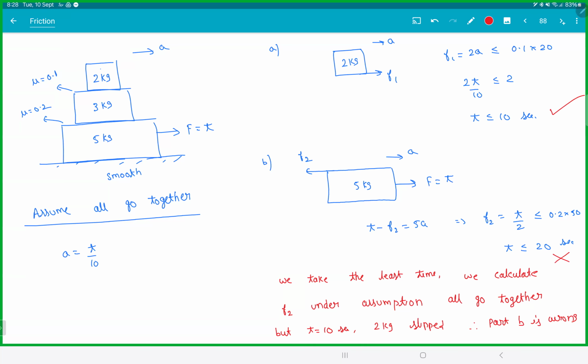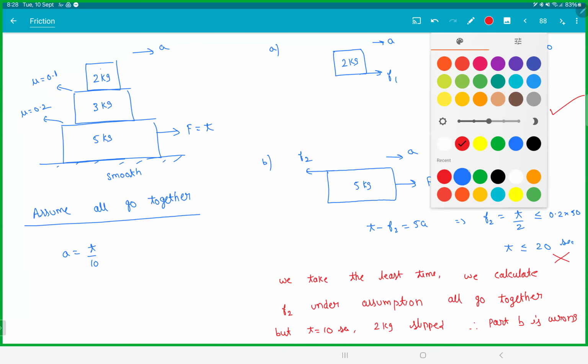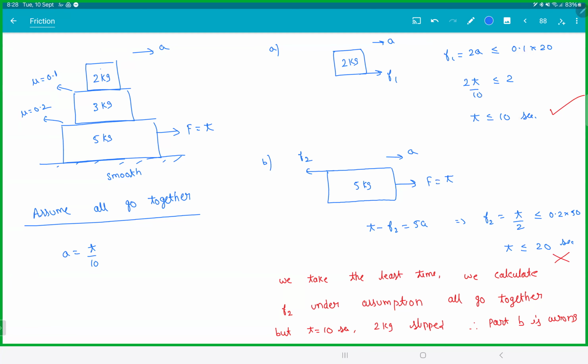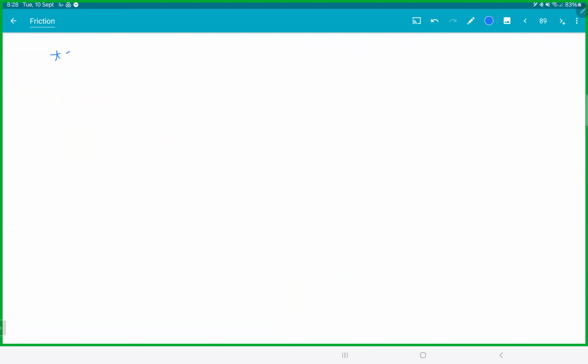Clear with this? So that means the first time the slipping happened is at 10 seconds. All clear with this? So the question will split now again. So up to 10 seconds, all are going together. We proved it. For T less than 10, all go together.